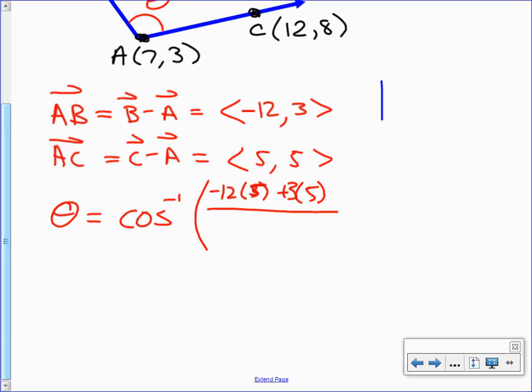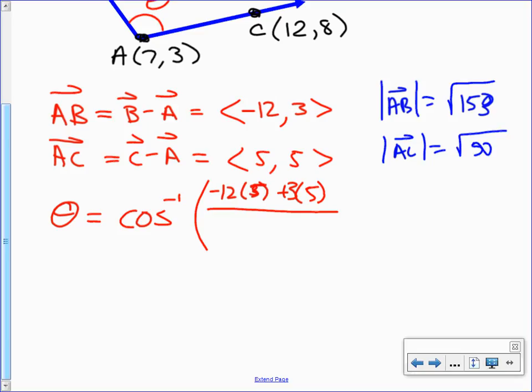The magnitude of AB is the square root of 144 plus 9, what is it, 153? Good. And the magnitude of AC is going to be 25 plus 25. So square root of 153 times the square root of 50.